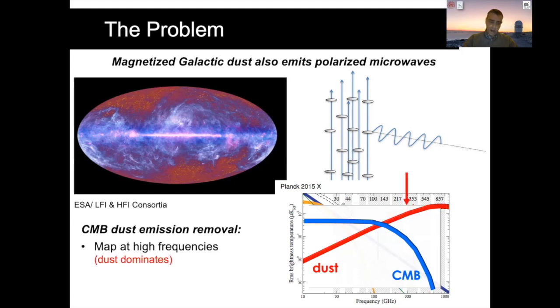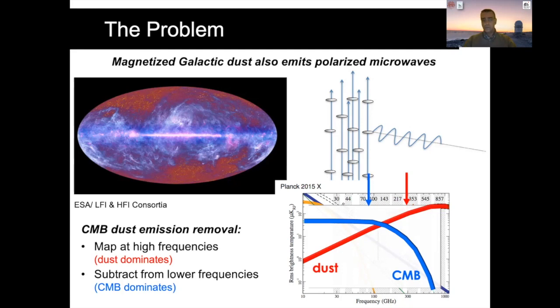So you map the dust at higher frequencies where it dominates, and you scale and subtract the signal from what you see at around 100 gigahertz, where the cosmic microwave background signal contributes significantly.